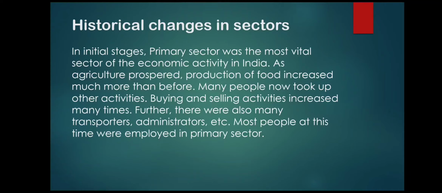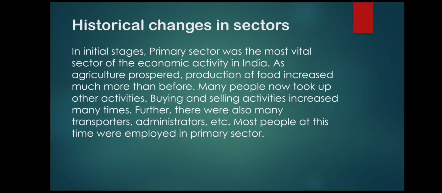Many people now took up other activities. Buying and selling activities increased many times. Further, there were also many transporters, administrators, etc. Most people at this time were employed in the primary sector.